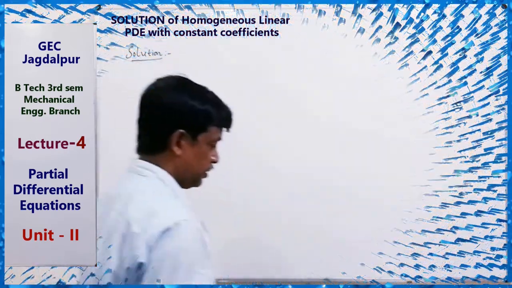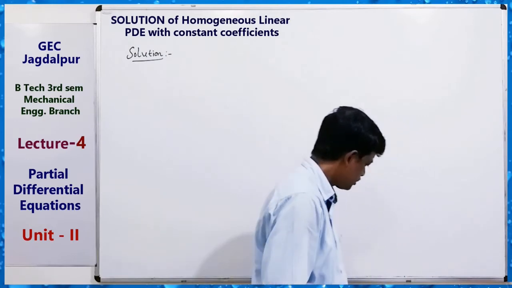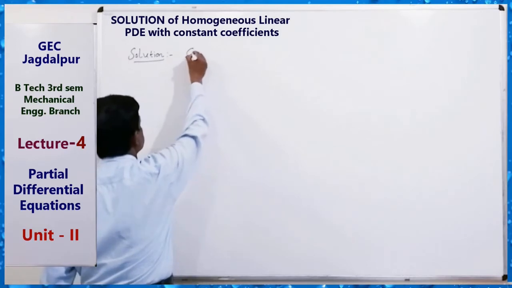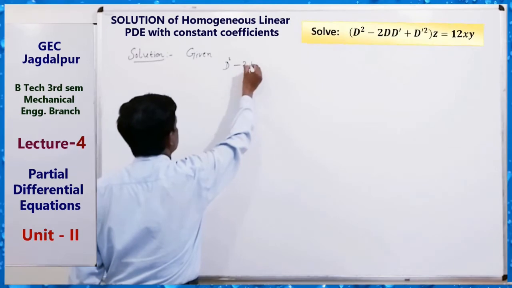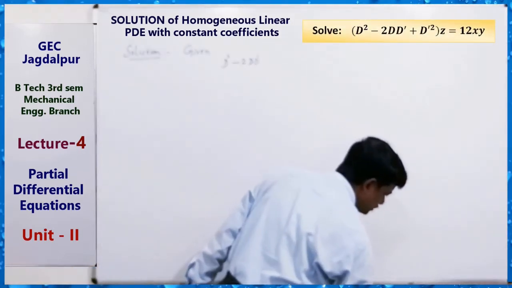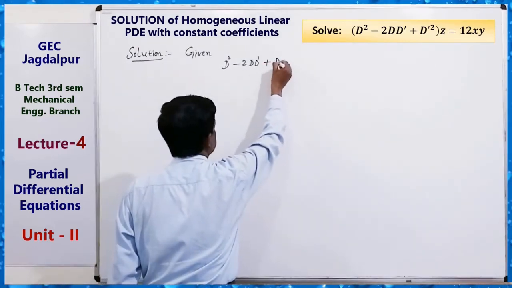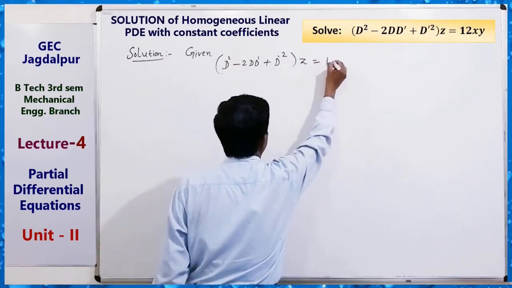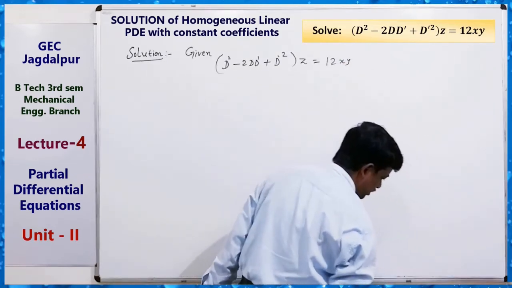Now take another question for solving. Here, solve (D² - 2DD' + D'²) z equals 12xy.